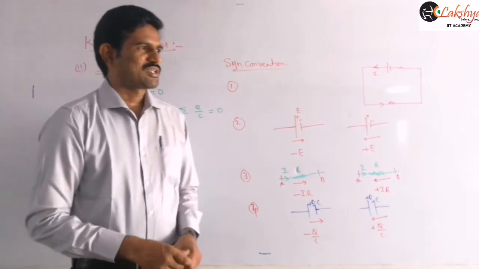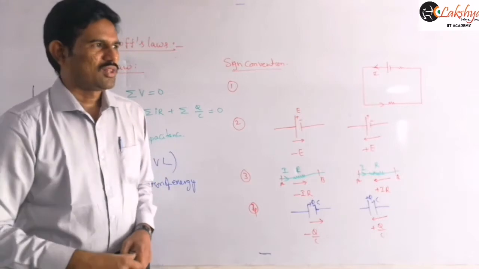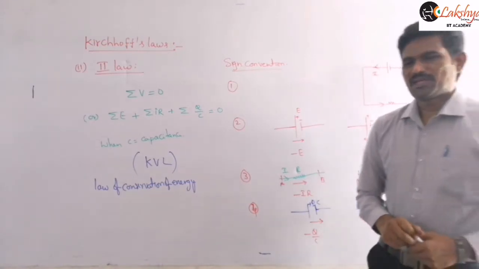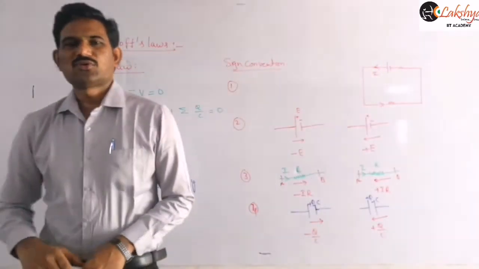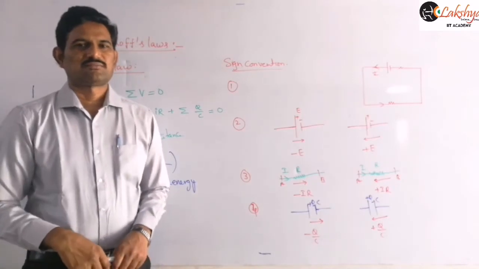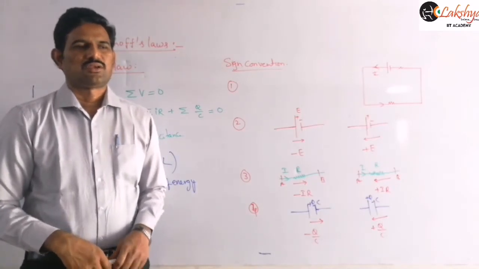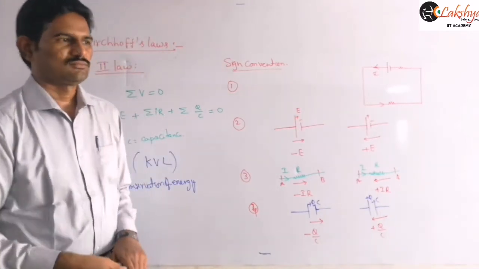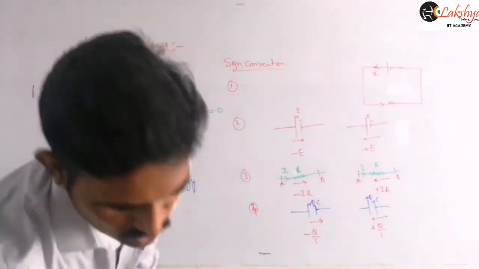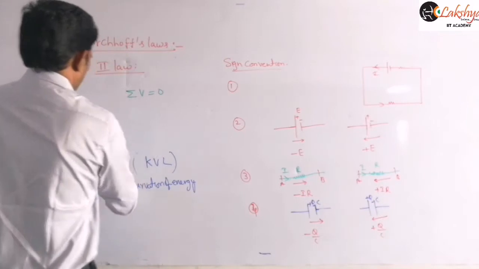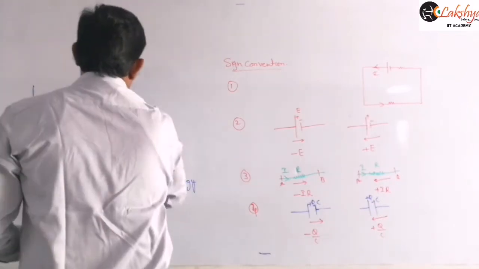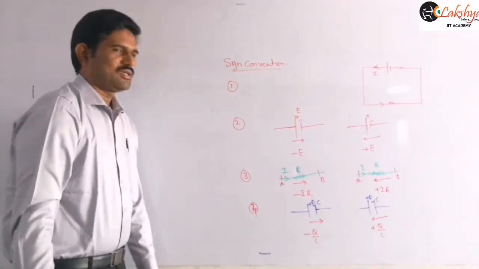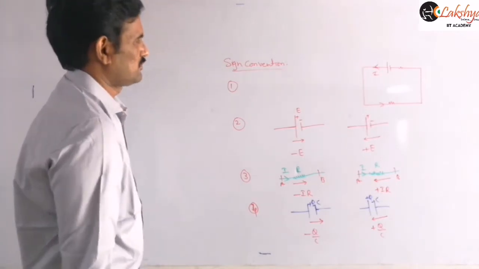All the above sign conventions can be simply expressed as follows. When we travel from high potential to low potential, then the potential drop is represented with the negative sign.